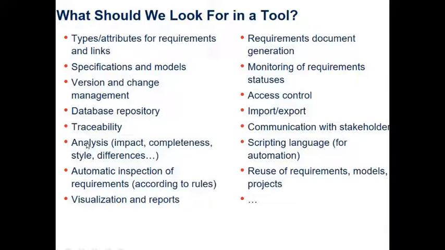If we can analyze the requirements, automatic inspection of requirements according to some rules, right? So notation based tools, visualization and reports, right? If you can create graphs and reports in that tool, you can look for requirements document generation. If there's an automatic requirements document generation feature available, monitoring of requirement statuses, and access control, different users having different levels of access.